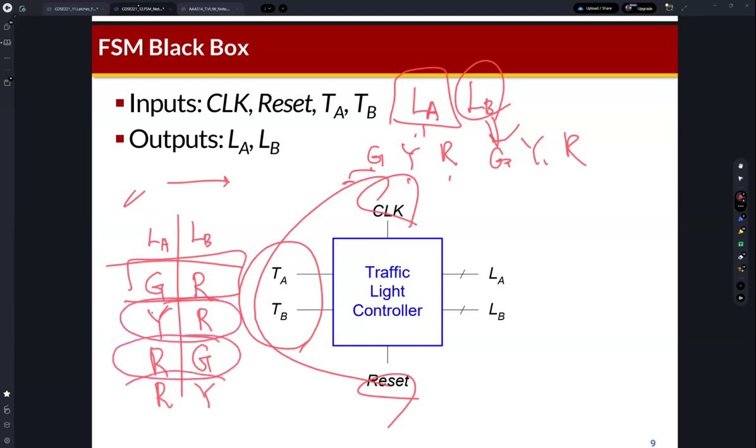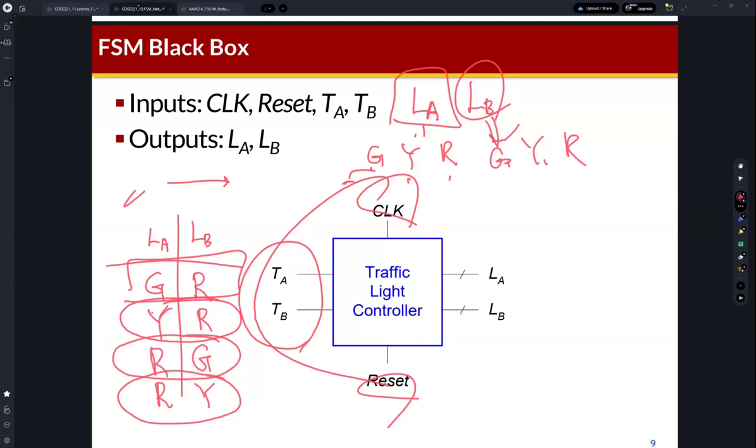output combinations. So this is a Moore FSM, and I mentioned that we can define four possible output combinations, which means we need to define 4 states, right? In the Moore FSM, the outputs are just determined by current states.